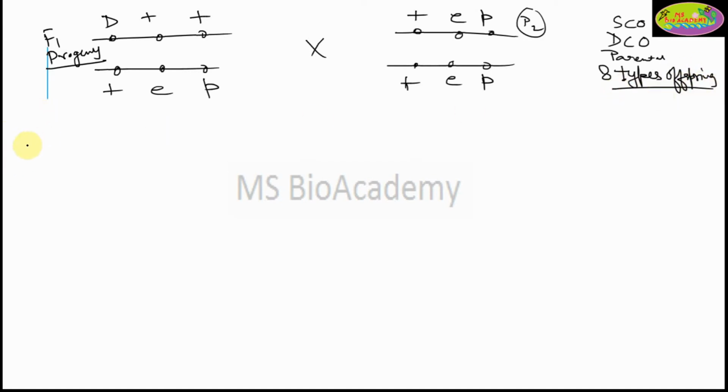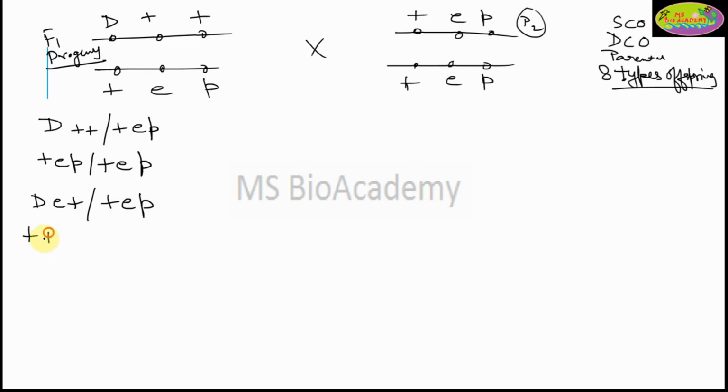So what we are going to get is one of them with D++ / EP, okay. Then we can also get +EP / EP, all right. This will be the genotype. Then one of the offspring we'll get with DE+ / EP, that also we're going to get.